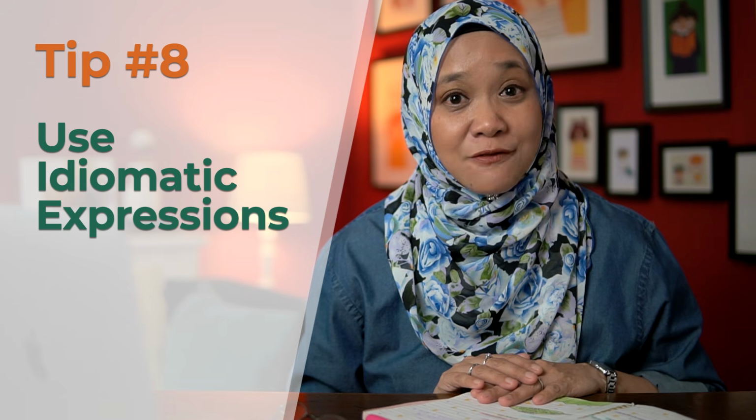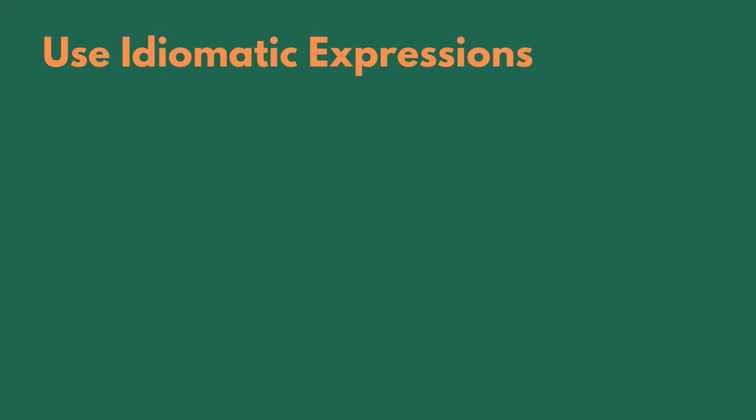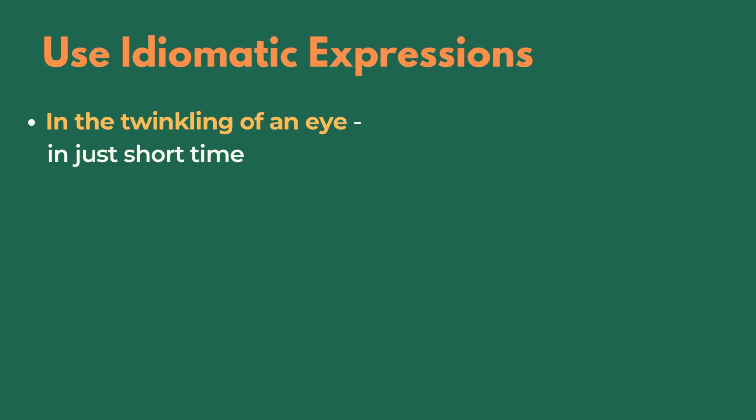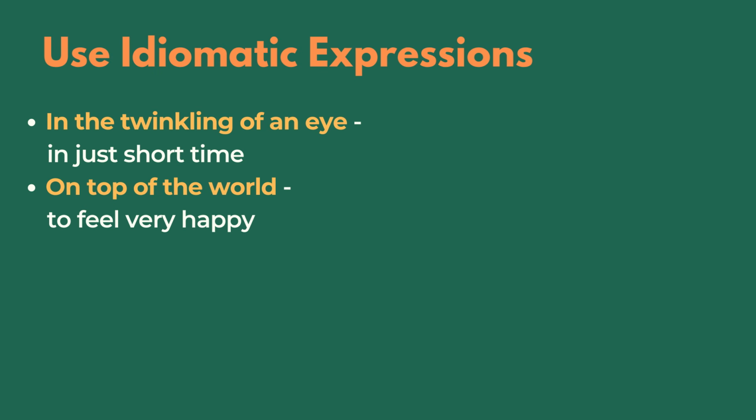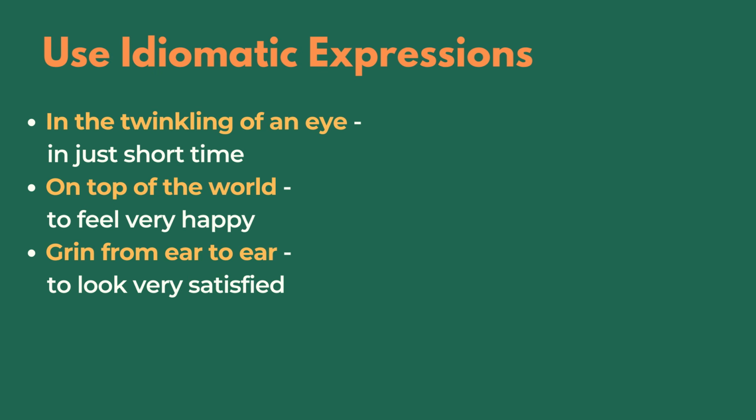And the last one, but not the least, tip number 8, use idiomatic expressions in your writing. This is to emphasize and to improve your writing quality. However, use them moderately. For examples, in the twinkling of an eye, in just short time, on top of the world, to feel very happy, grin from ear to ear, to look very satisfied.